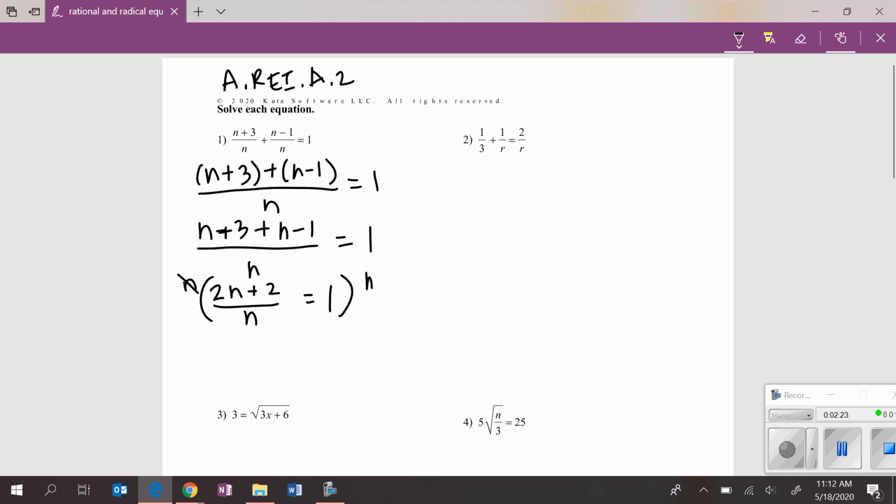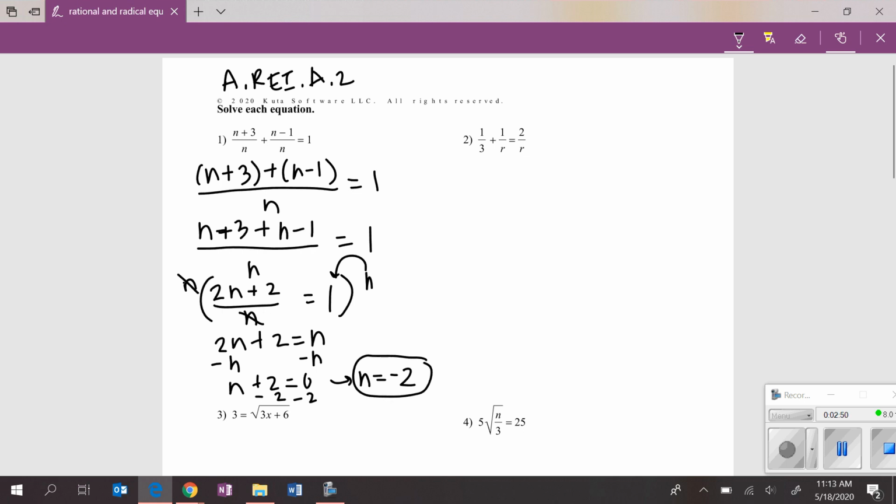So the n on this side that multiplies is going to cancel with that n. But this n multiplies with the 1. So 2n plus 2 equals n. I'm going to subtract my n. I've got n plus 2 equals 0, minus 2, and n equals negative 2.